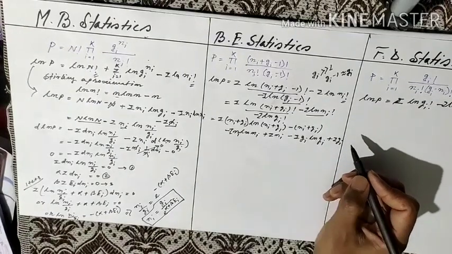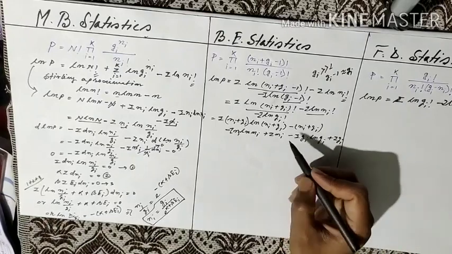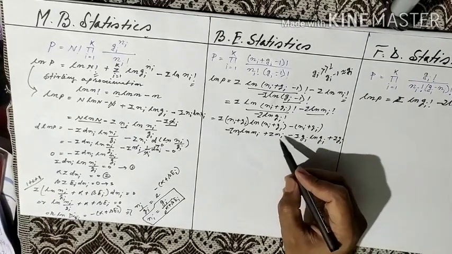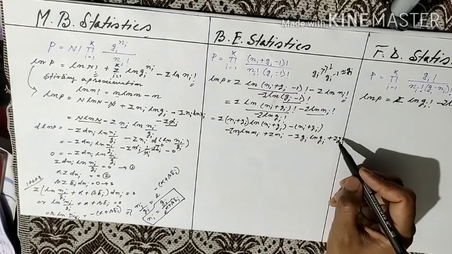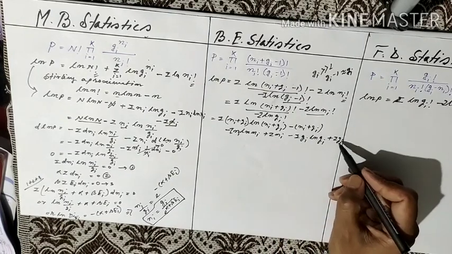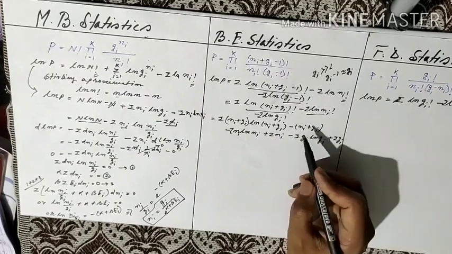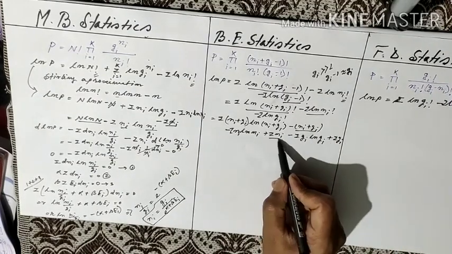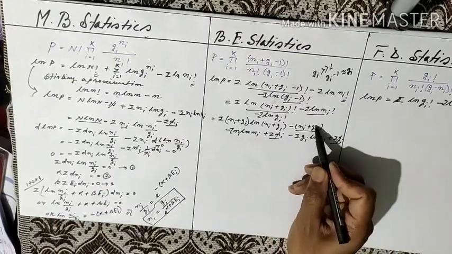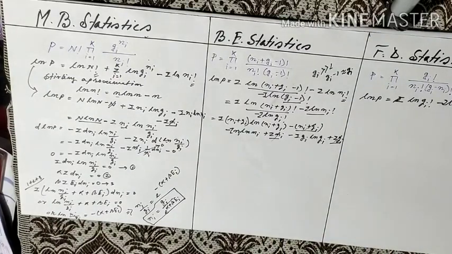Here summation of ni is again the total number of particles. When I differentiate it, this will be equal to 0, and this plus gi, differentiate it, will be equal to 0. So instead of differentiating, this part and this part will cancel out automatically.